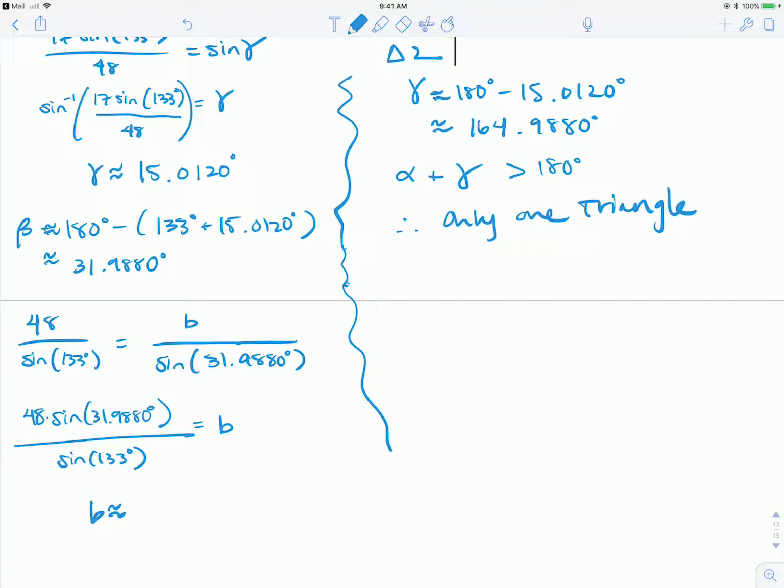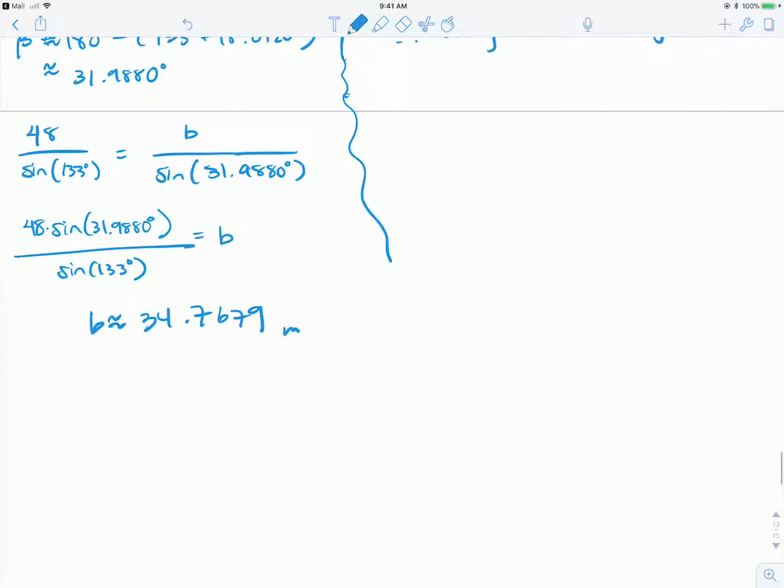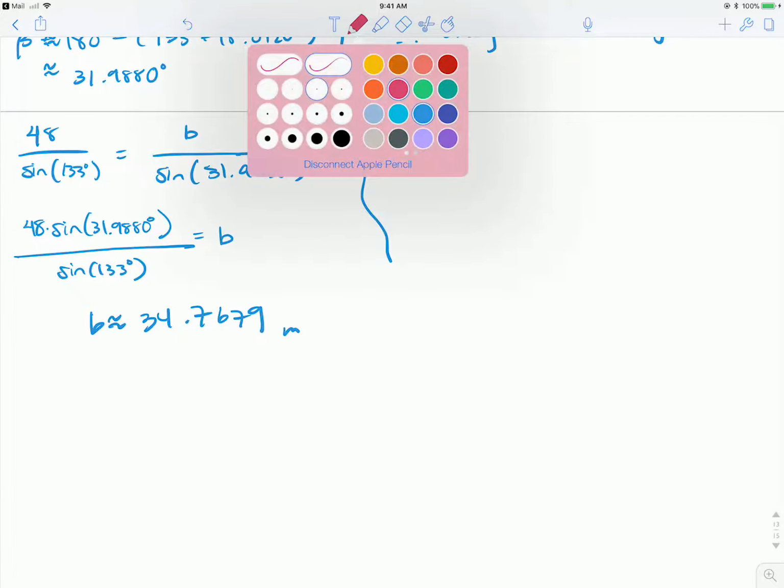So B is approximately 34.7679. I think this is in meters. Our sides are in meters. Okay, so we can summarize all of our information.